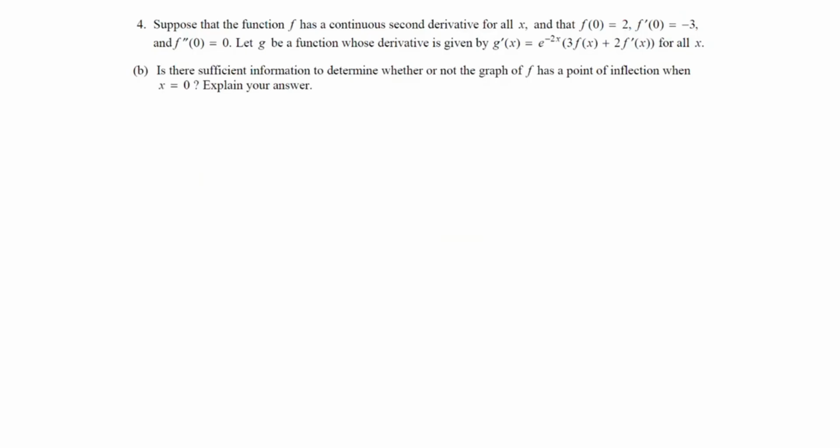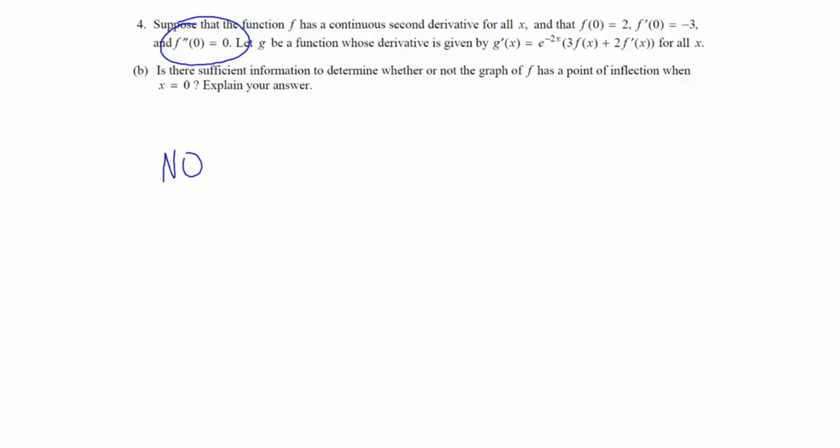In part B, it says, is there sufficient information to determine whether f has a point of inflection at x equals 0? Now, we can see that the second derivative of f is 0 at x equals 0, which means it could have a point of inflection, but we don't know if the sign of the second derivative is changing there or if it's staying positive or staying negative.